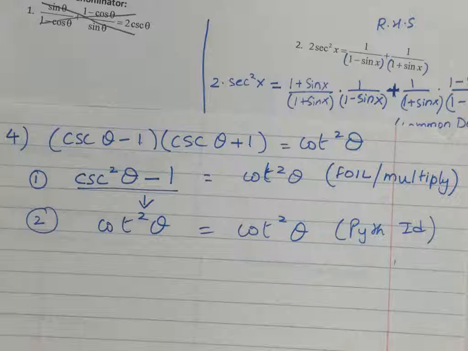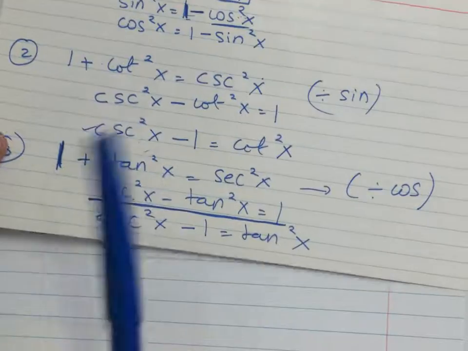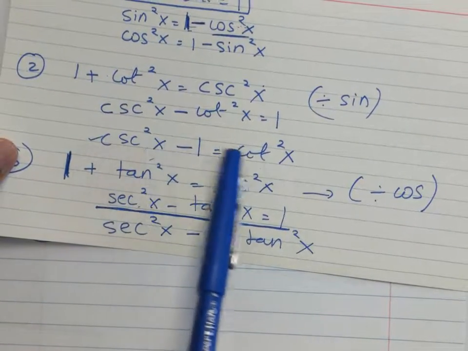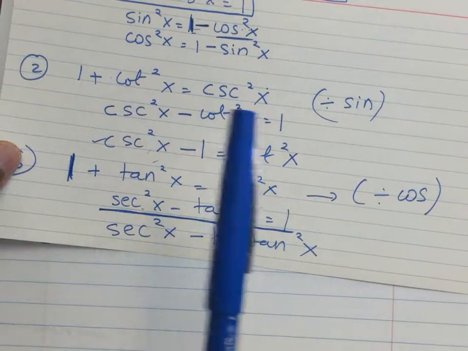Is everybody okay? Because of the Pythagorean ID, cosecant square minus 1, one of the derivatives is cotangent square. Yeah? Okay.